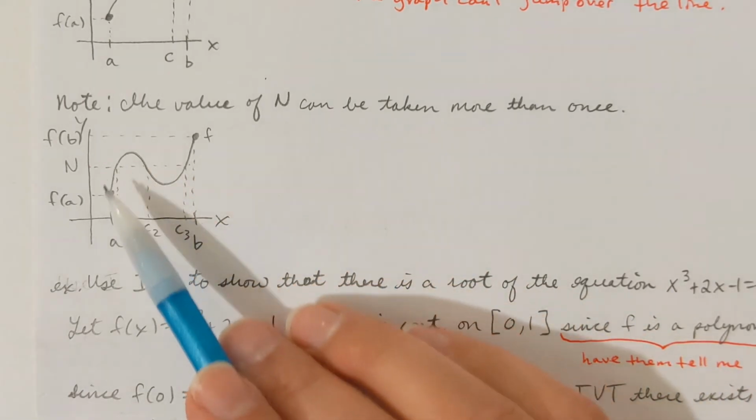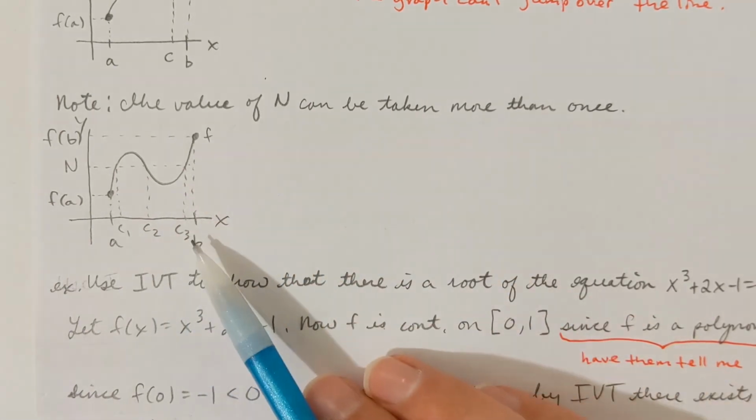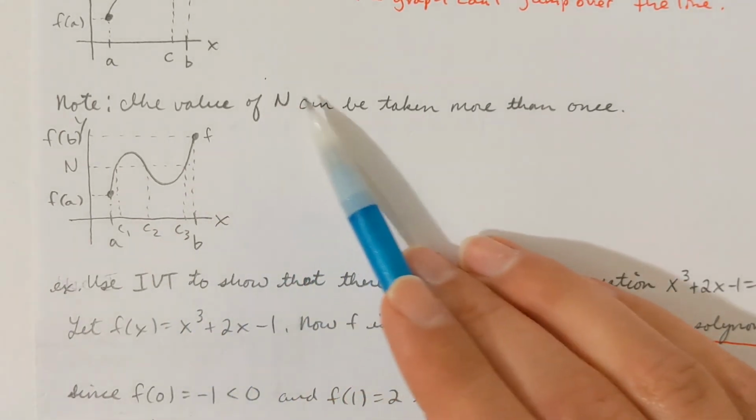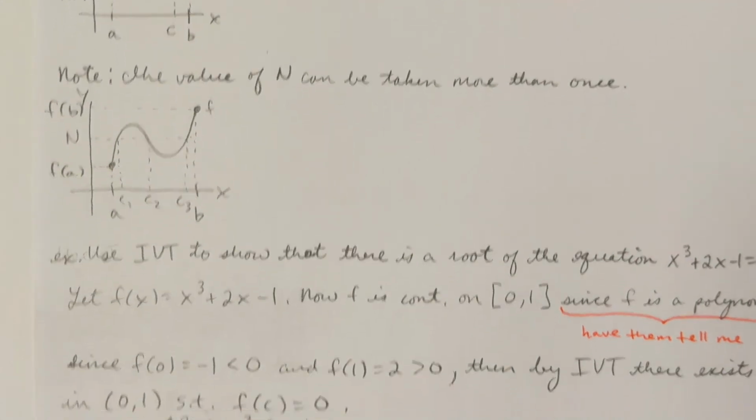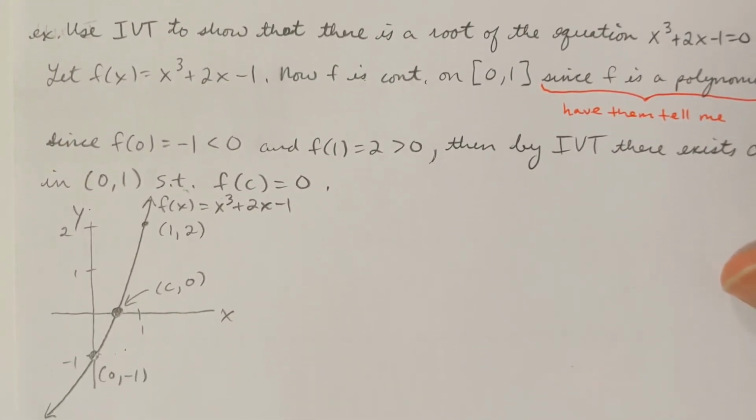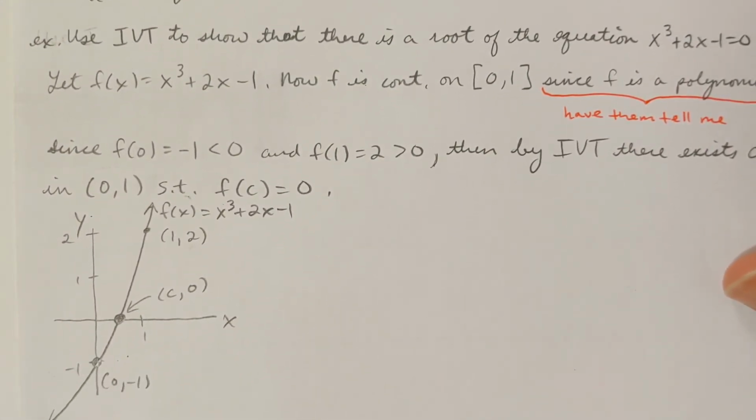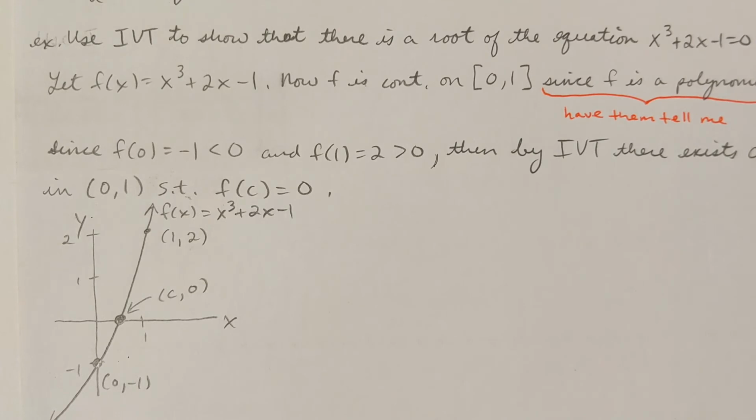So here I'm calling these c1, c2, c3. The value of n can be taken on more than once. The intermediate value theorem can be helpful in solving equations.